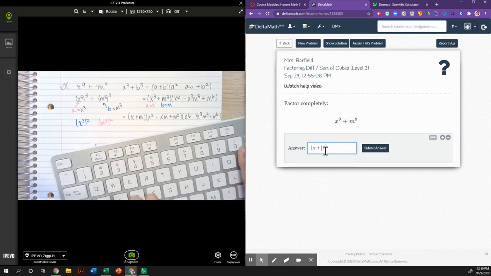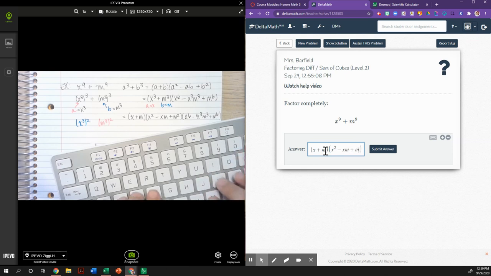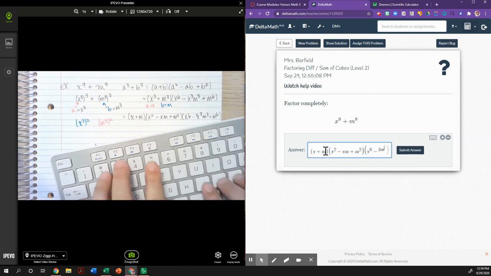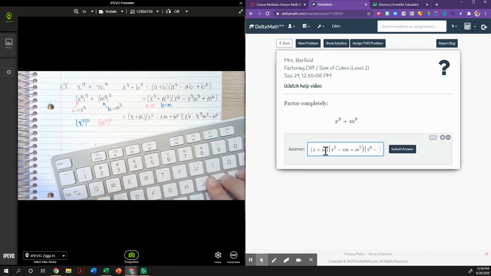Parentheses x plus m, then x squared minus xm plus m squared, parentheses, and then x to the sixth minus x to the third, m to the third, plus m to the sixth. That's a lot to type in.